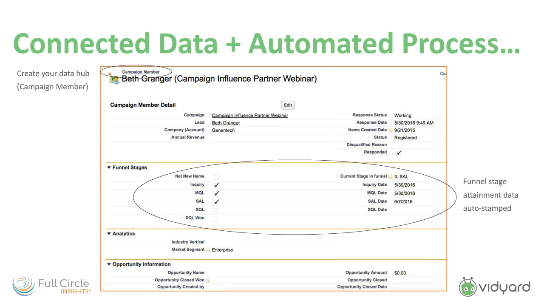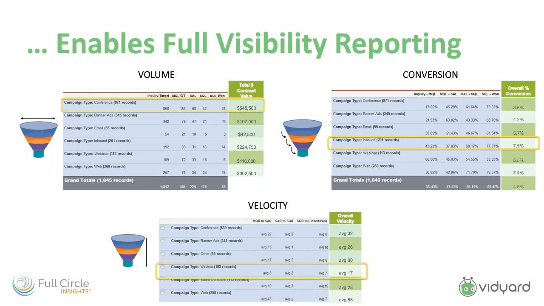When you have connected data and you have an automated process to integrate the data, as well as the maintenance of that data, or the regular collecting of the data, to have that understanding of what's going on in your funnel, what you get is on this next slide. It's full funnel visibility.